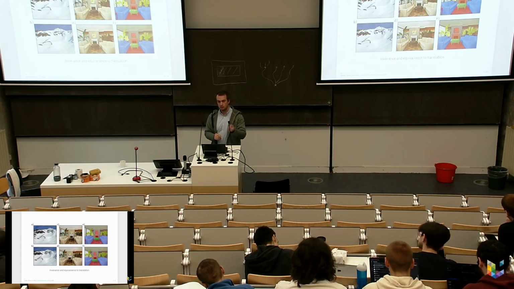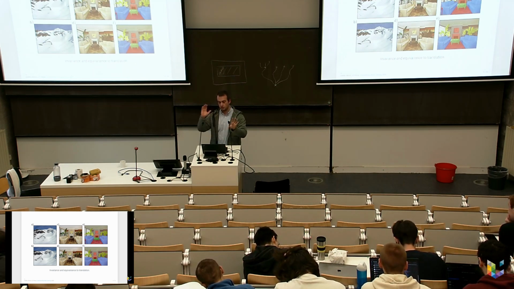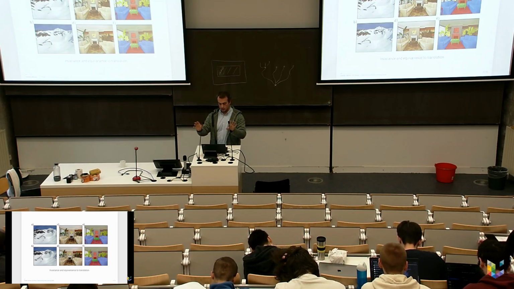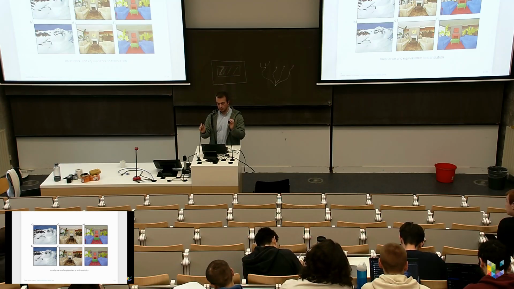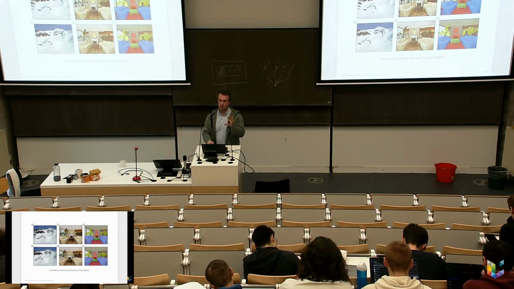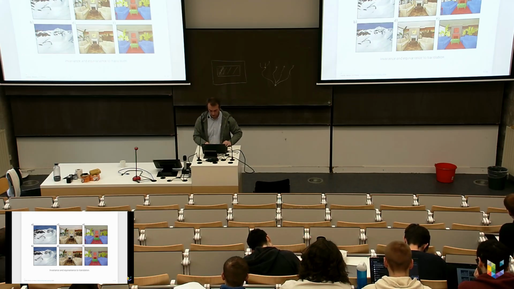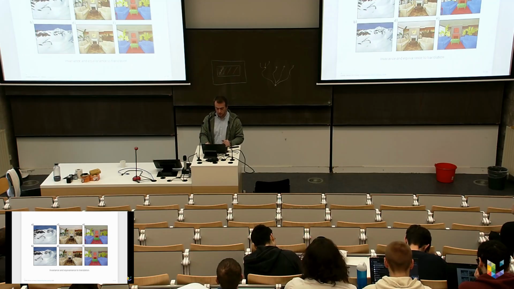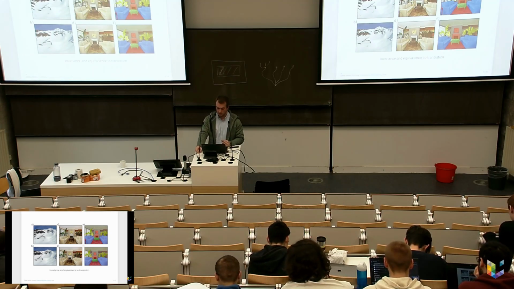Meaning, if you shift the input image, the output shifts as well. We want equivariance to translation by construction of the neural network, such that if you shift the input image, that will also shift the output. Okay, so these are the things we want to try to build now in a neural network.